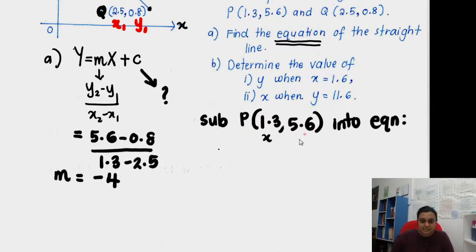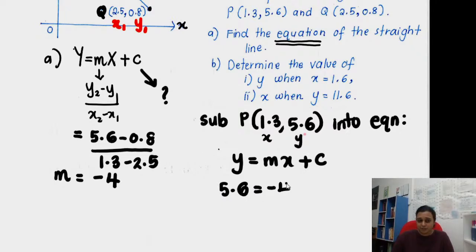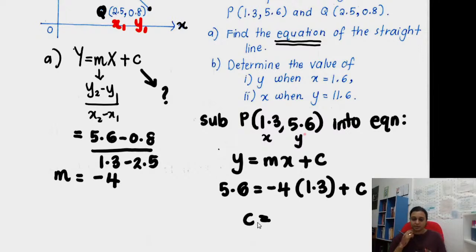Okay, so this is your X, this is your Y. We're going to ganti inside here. Okay, so the Y will be 5.6. The M is negative 4. The X ialah 1.3 tambah C. So kita cari C from here.